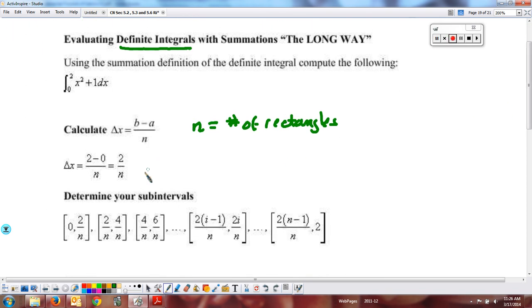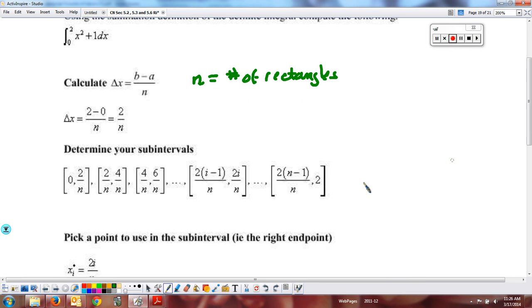The next thing I'm going to do is determine your subintervals, and you want to keep it general. The idea is that for your first rectangle, since we're starting at 0, you take your width and get your next endpoint. This is your right endpoint of the first rectangle, and this would be your left endpoint of the first rectangle.